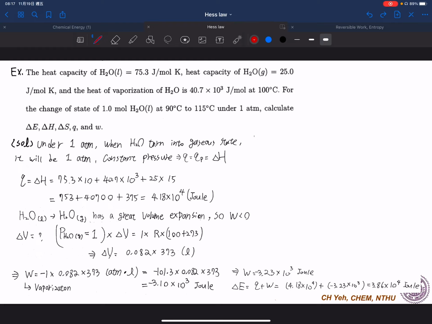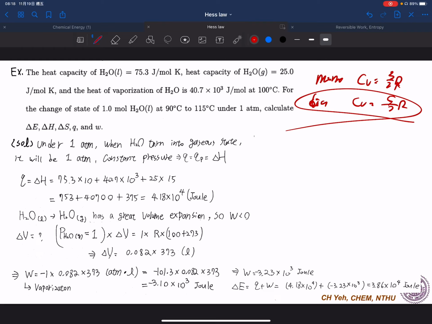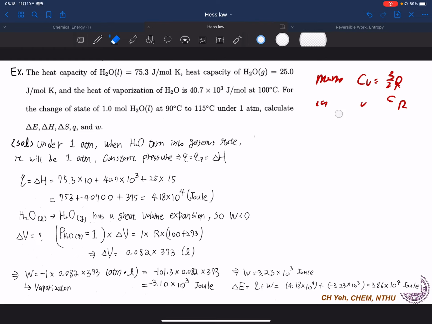Here's a thing worth noticing again. We know that with stronger internal interactions, the heat capacity will be larger. We have talked about that: a monoatomic gas has a heat capacity at constant pressure of 3/2 R, and for a diatomic gas, CV equals 5/2 R, because there is a more complicated interaction inside the molecule, so the heat capacity will be larger.